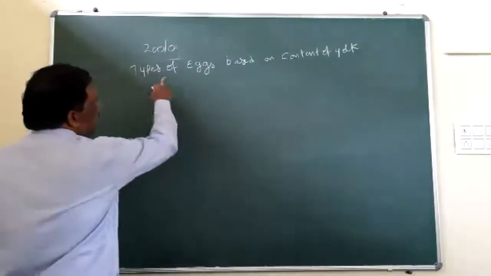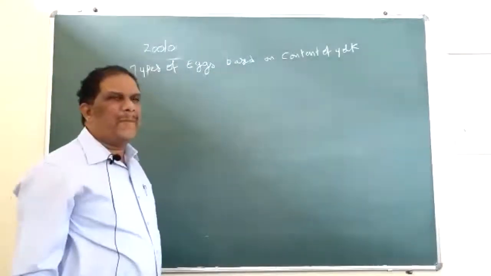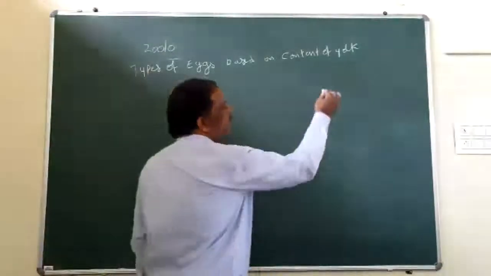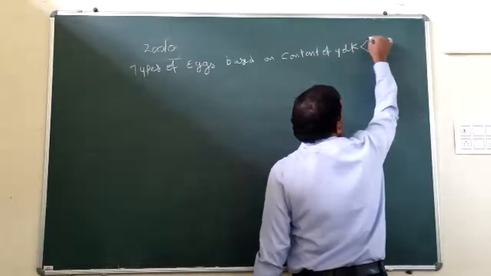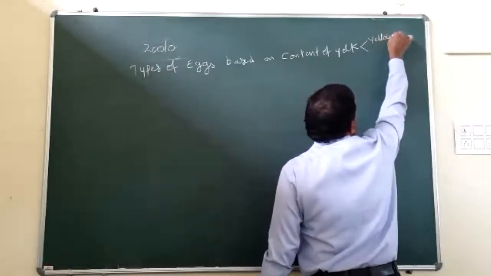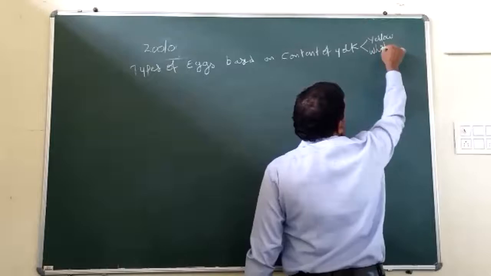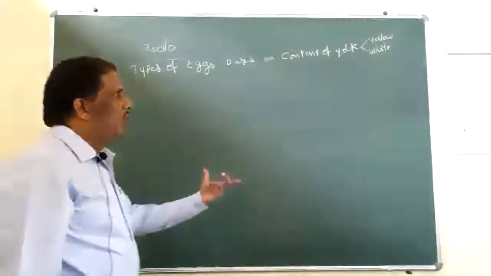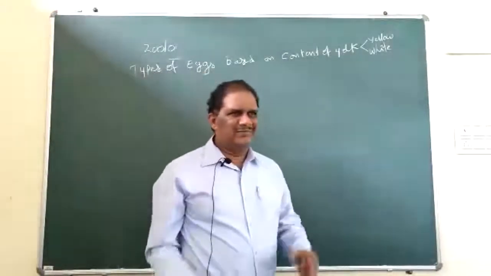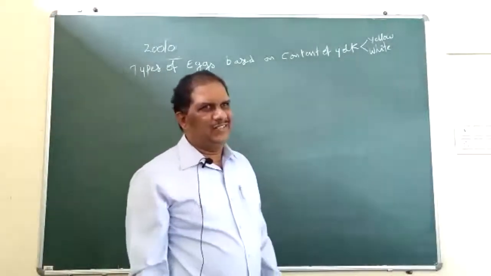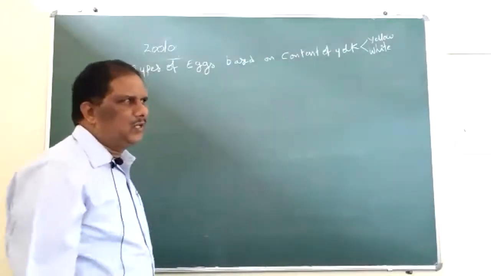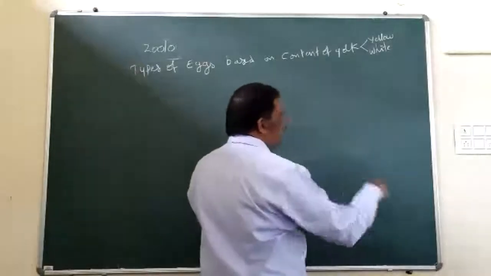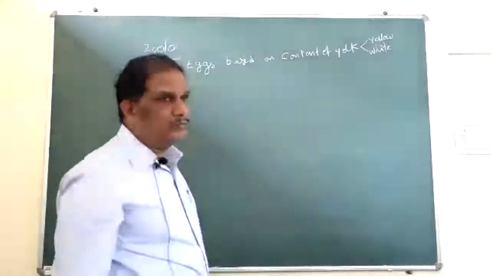Next, types of eggs based on content of yolk. What is the yolk? There are two types of yolks: yellow yolk and white yolk. Suppose we take the hen's egg, yellow and white. Yellow is round or circular, and the white is surrounding the yellow.